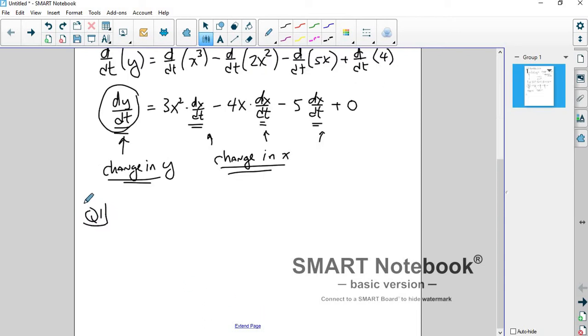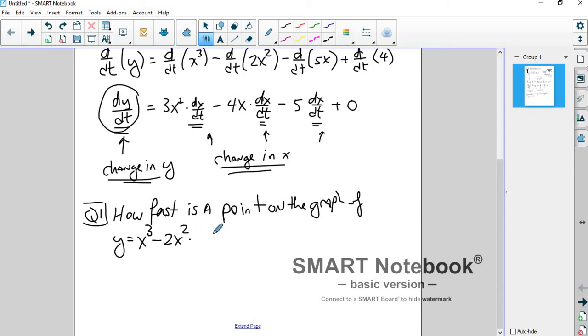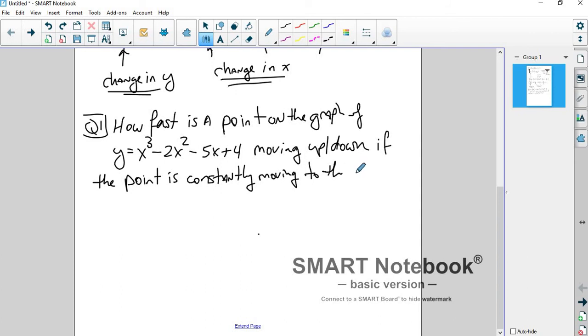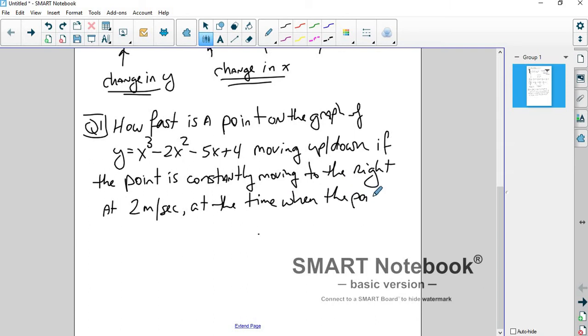So question number 1: how fast is a point on the graph of our function, y equals x cubed minus 2x squared minus 5x plus 4, moving up or down if the point is constantly moving to the right at 2 meters per second at the time when the point is at (0, 4)?